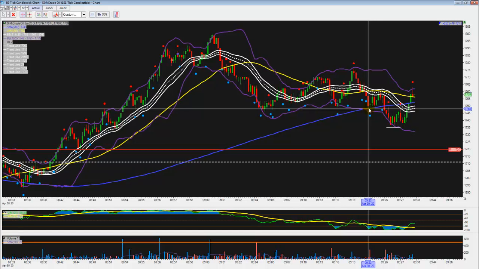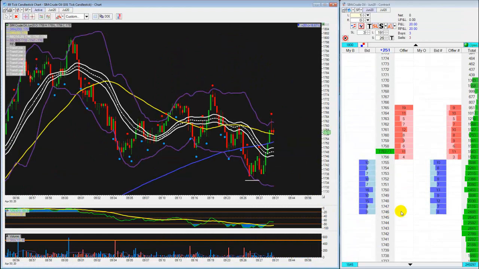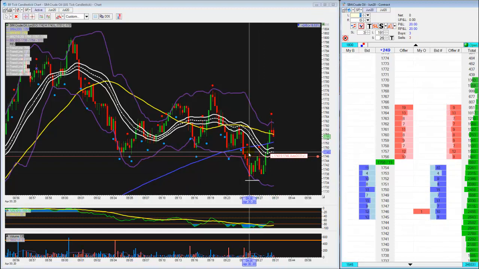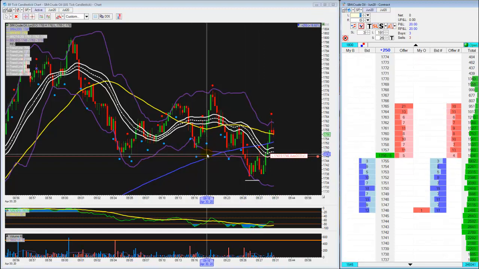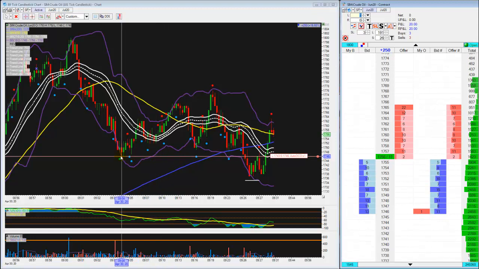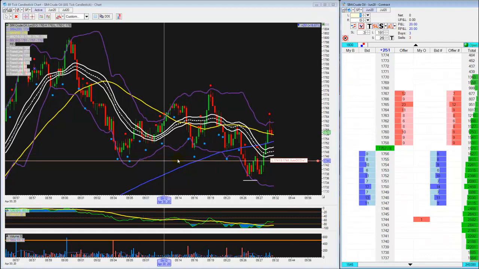So if it wants to come down, it's got to get under 1746 right now, 1748. Let's call it 1744. Really needs to get under here.